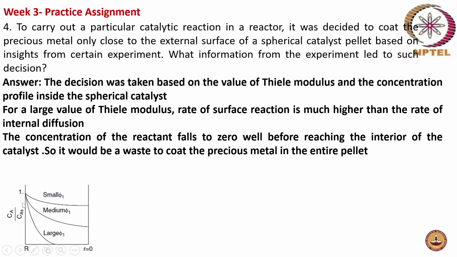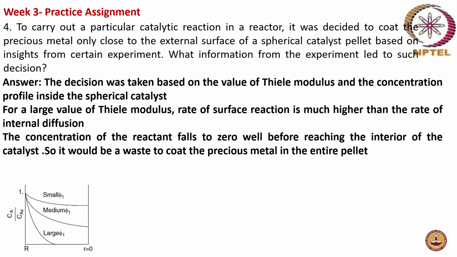The y-axis gives Ca by Cas, which is nothing but the concentration at any point inside the pore of the catalyst to the concentration at the surface of the catalyst. So obviously the ratio will start with 1, right, at the surface of the catalyst?